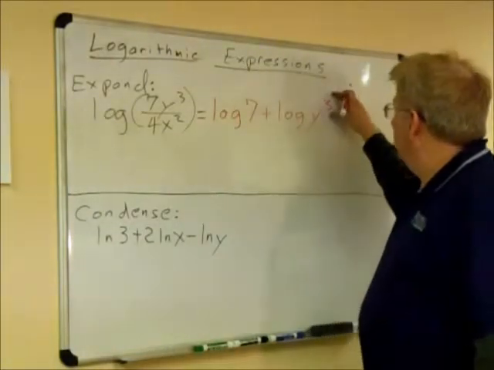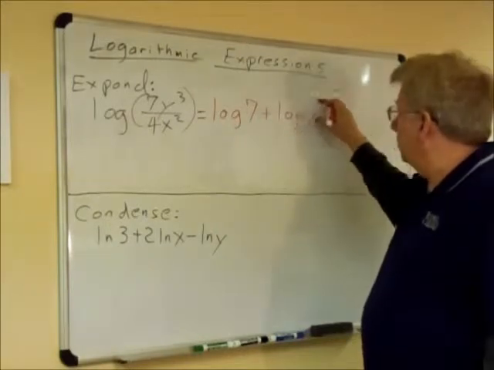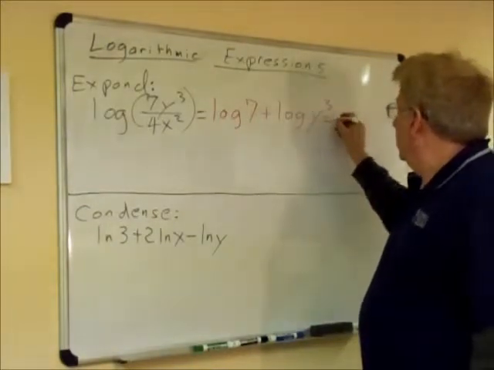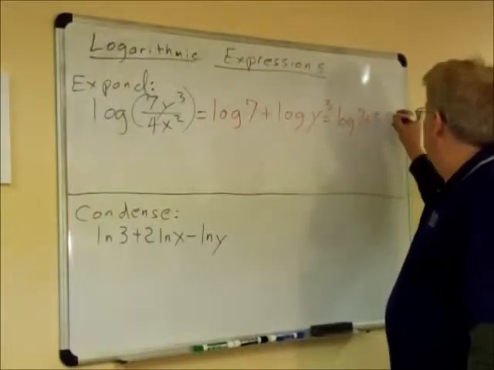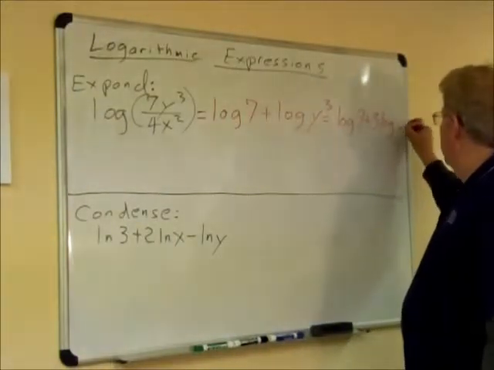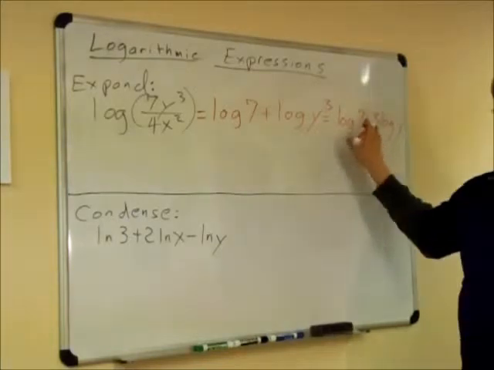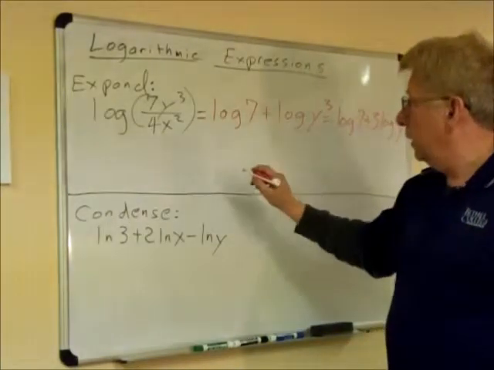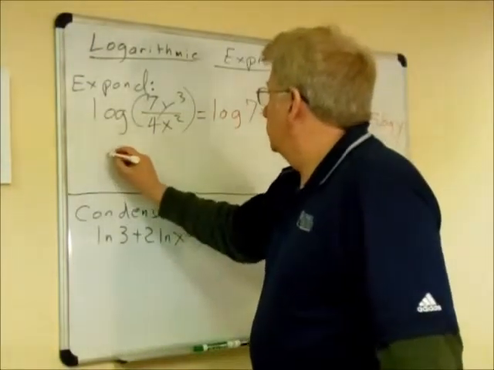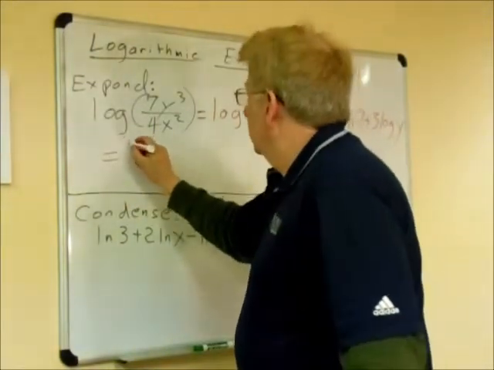And actually, when you have an exponent, remember we can put it to the outside. So we end up with log of 7 plus 3 times log of y. And that's the top. And then for the denominator, we're going to subtract. So I'll start with the top.